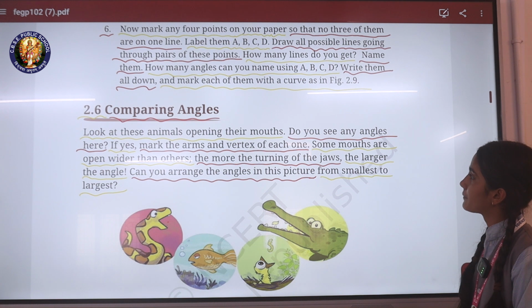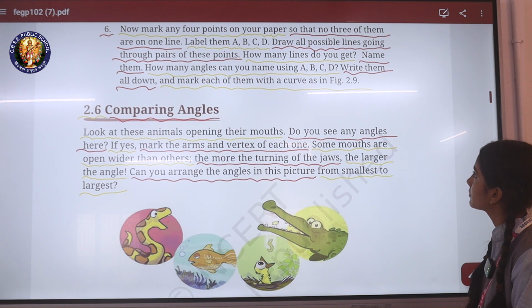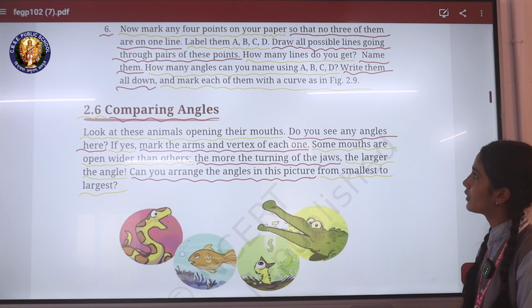Number 6. Now mark any 4 points on your paper so that no 3 of them are on one line. Label them A, B, C, D. Draw all possible lines going through pairs of these points.